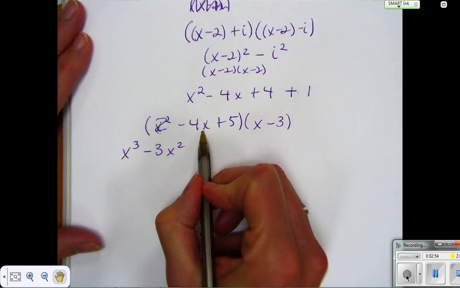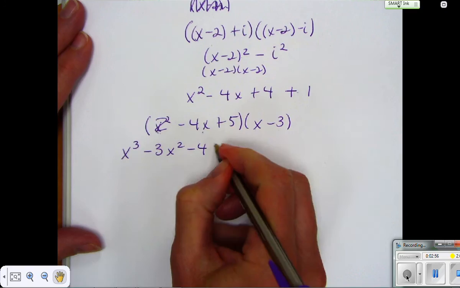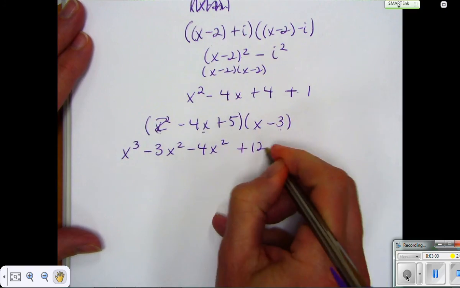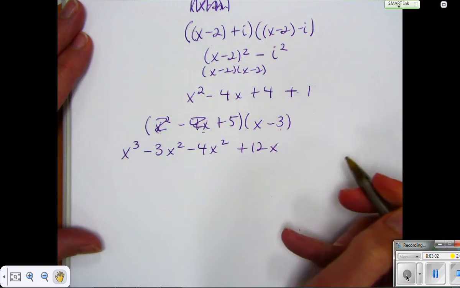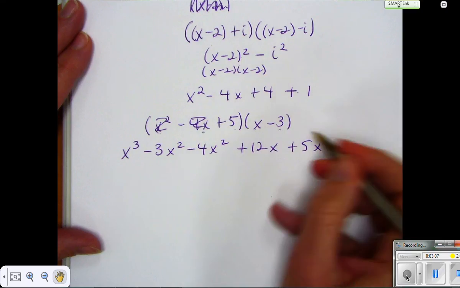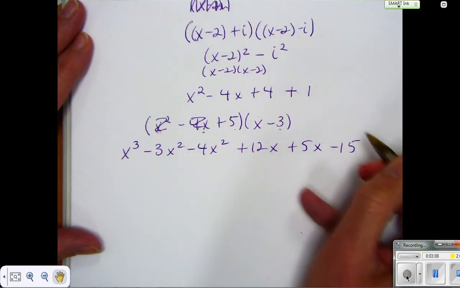Negative 4x times x is negative 4x squared. Negative 4x times negative 3 is plus 12x, and I'm done with that middle term. 5 times x is 5x. 5 times negative 3 is negative 15. I'm done with that last term.